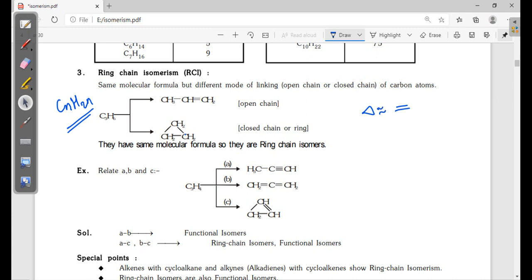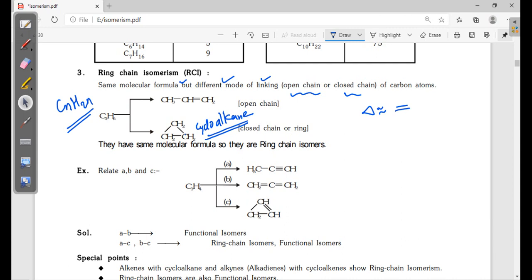One ring is equal to one double bond, right? Same molecular formula but different mode of linking, open chain and closed chain of carbon atoms. Both have the alkene molecular formula, but one is a cycloalkane. The naming is as alkane, but the molecular formula is equal to the alkene formula. So this type of chain and ring structures are called ring chain isomerism.